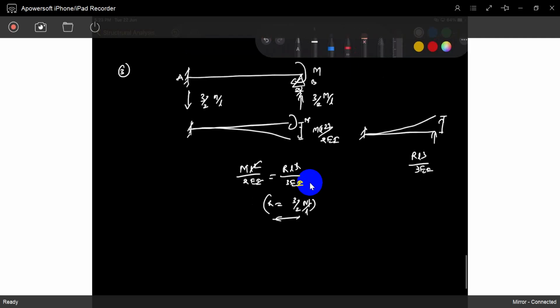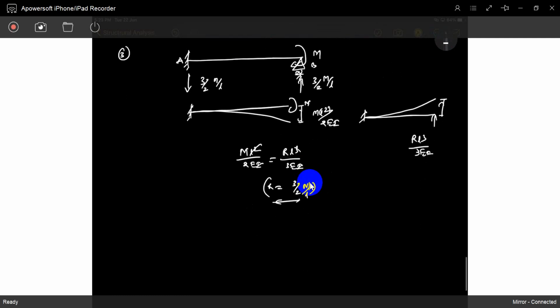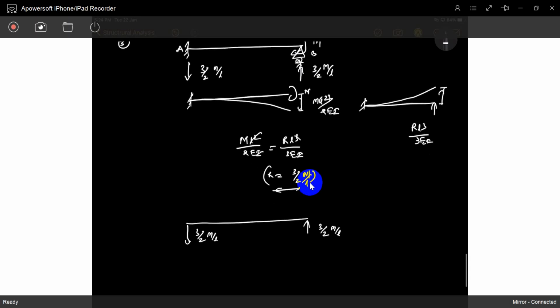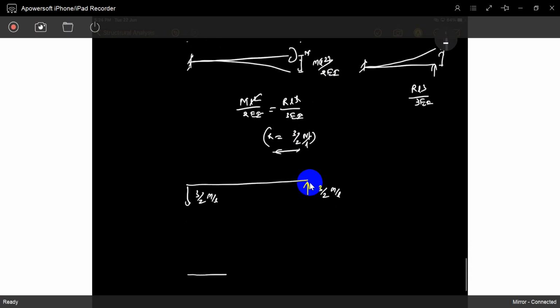So draw a shear force diagram. Once again I will draw. ML. Okay, shear force.